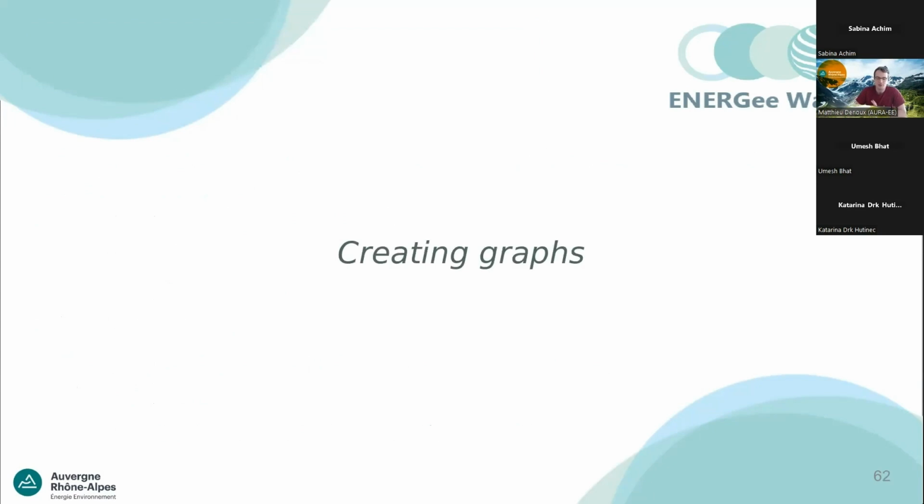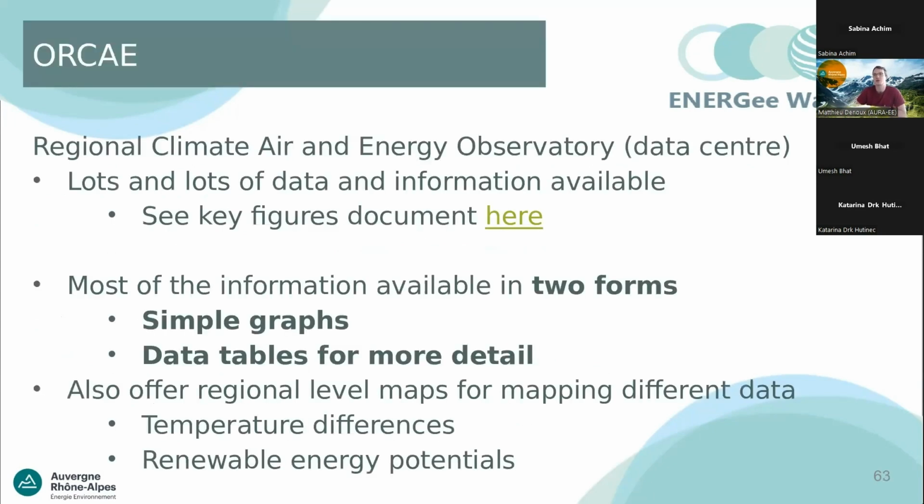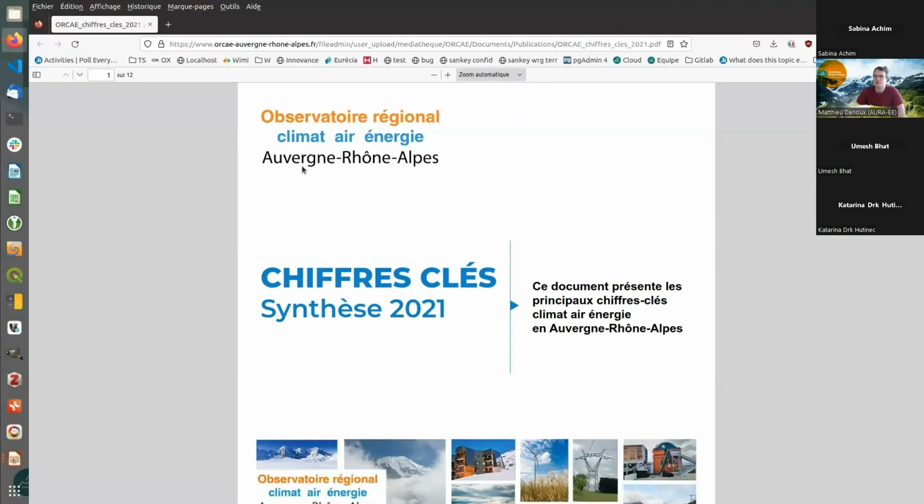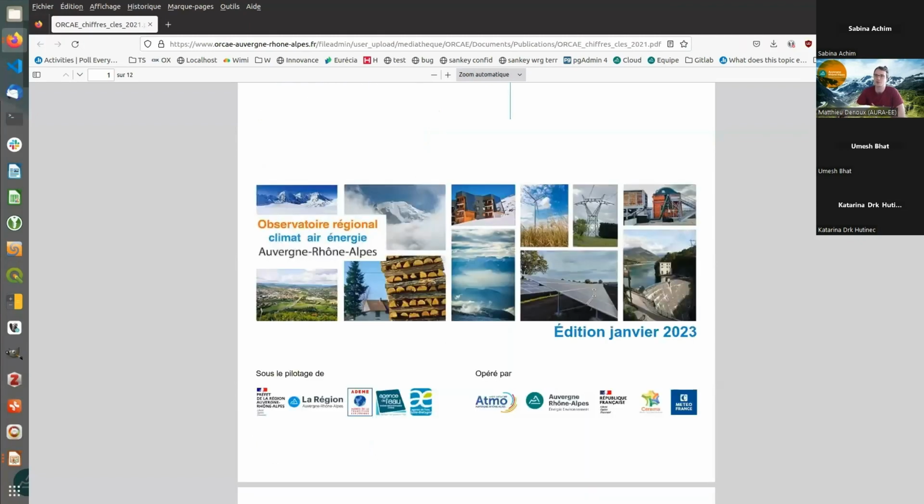So when we talk about creating graphs, of course, we are going in the regional observatory, which is called Auvergne. We are going to create a lot of graphs. So I can show you. I showed you before a report for a specific territory, but we also create a report for the overall region.